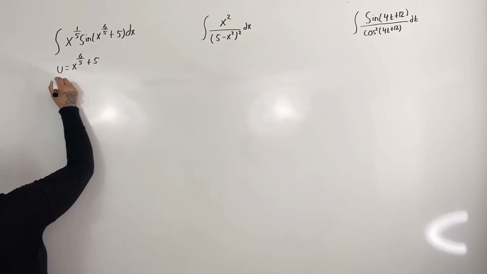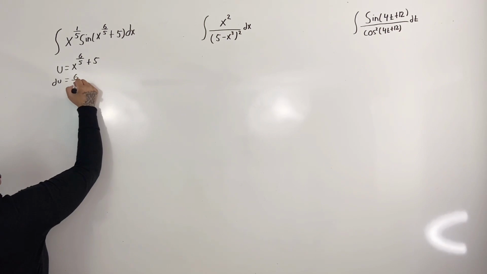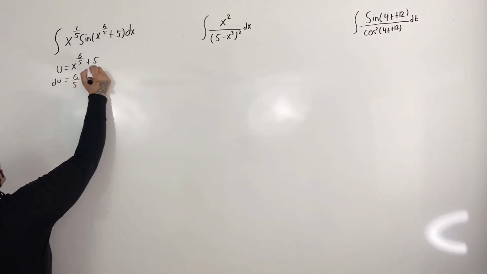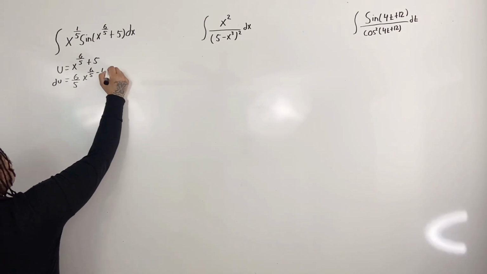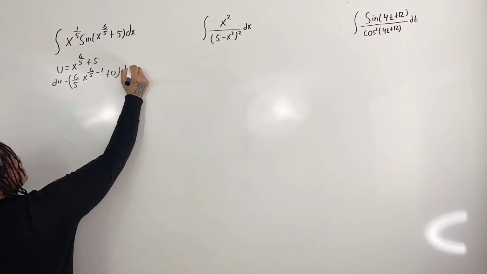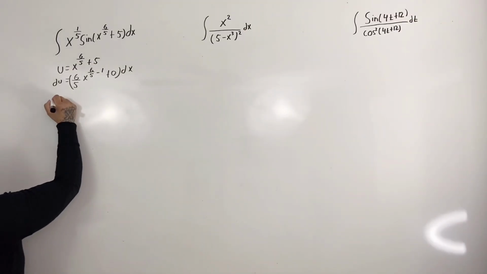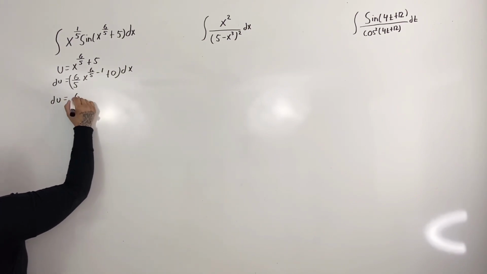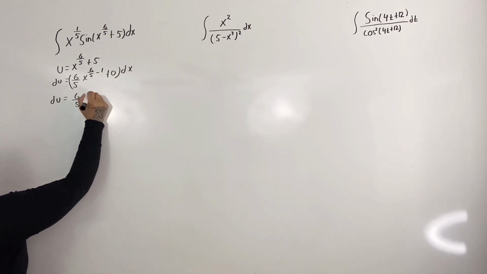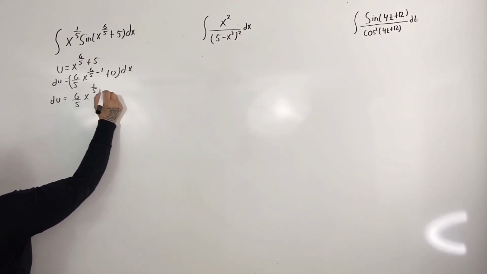Then du will equal 6/5 x to the 6/5 minus 1 plus 0. Then we multiply by dx. So simplifying, we have that du is equal to 6/5 x to the 1/5 dx.